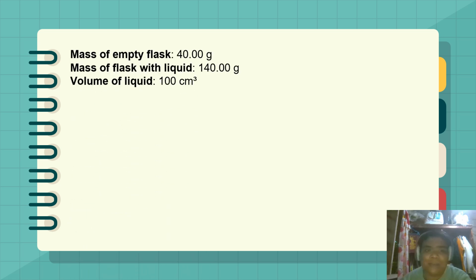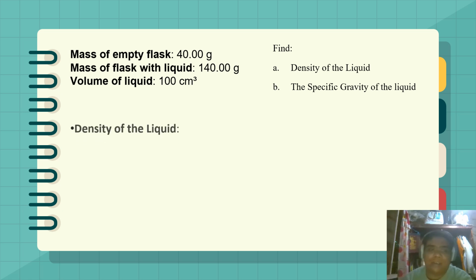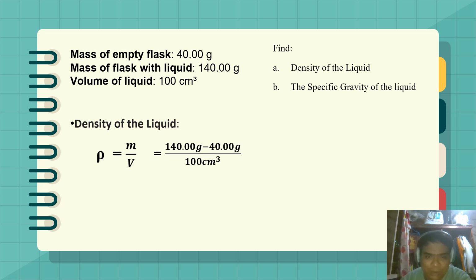Now, another example. We have mass of empty flask, 40 gram, and then 140 with liquid, and volume of liquid 100 cubic centimeter. So find the density of the liquid and specific gravity of the liquid. For the density of the liquid, we follow this formula, and we just subtract the mass with liquid and the empty: 140 minus 40 over 100 cubic centimeter.